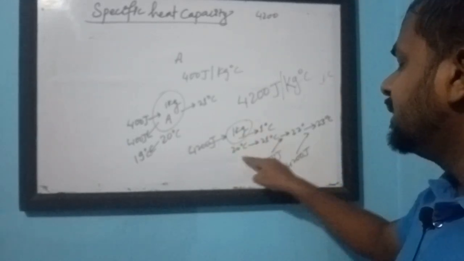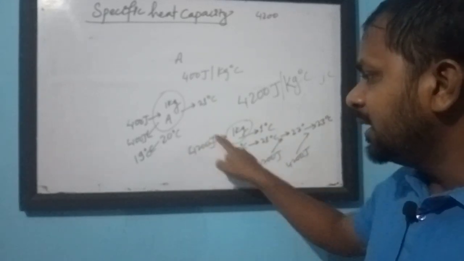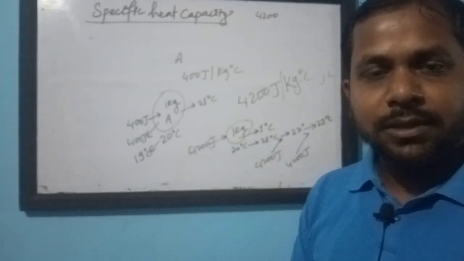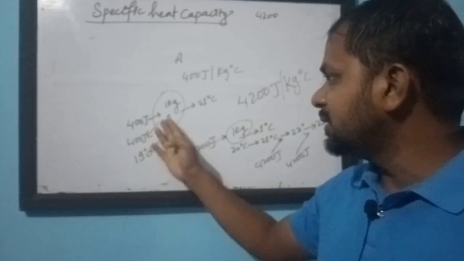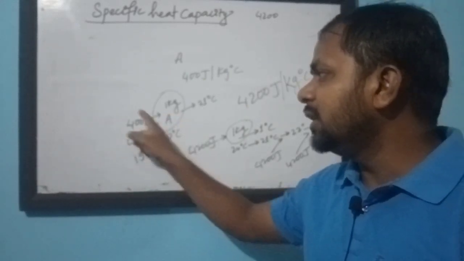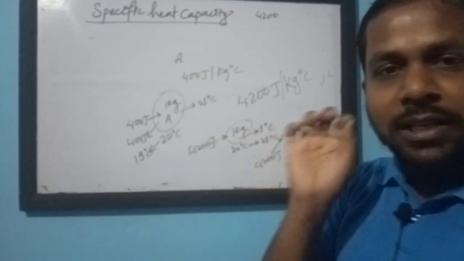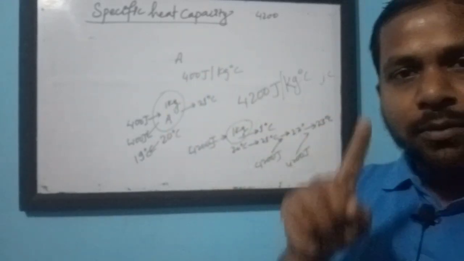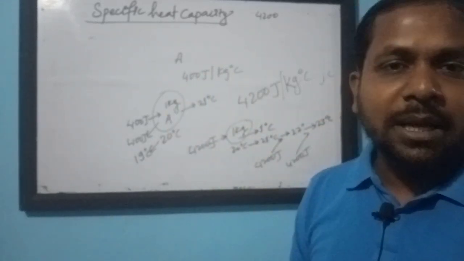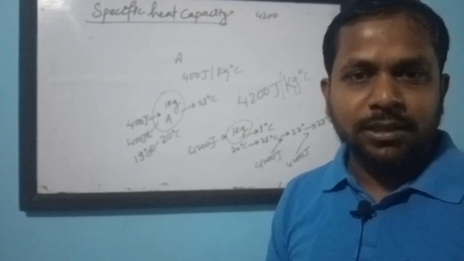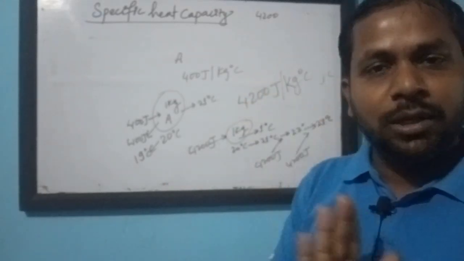To heat water, we have to supply more heat, and only then can it be heated. But for this other substance, if we supply 400 joule of heat energy, it increases by 1 degree Celsius. But if water has to be heated by 1 degree Celsius, we have to supply 4200 joule of heat energy. Water gets heated very slowly.